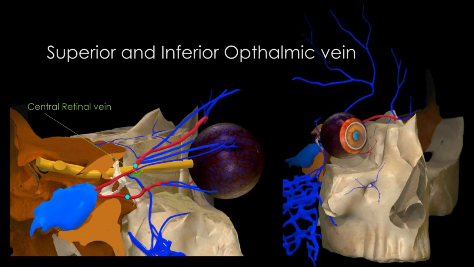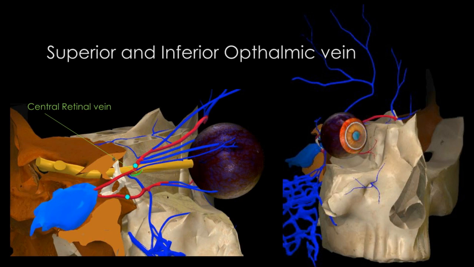So here is an image which shows the superior and the inferior ophthalmic veins. To identify them clearly, even though they are veins, I have colored them in red color. The one above is the superior ophthalmic vein, and the one below is the inferior ophthalmic vein. Here you can see the central retinal vein also taking a branch out of the superior ophthalmic vein.